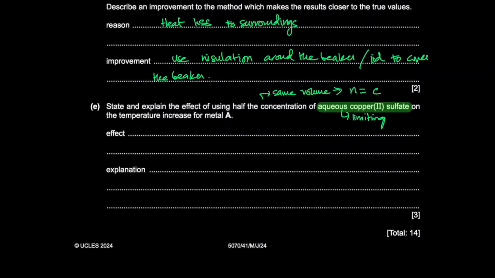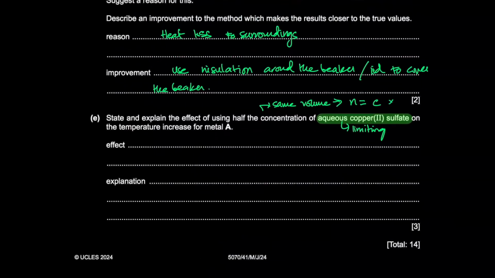The number of moles is equal to concentration times volume. And again, if you're using half the concentration, that means you have half the number of moles. Now, if you have half the number of moles, it means you have half the amount of reaction taking place. So because the limiting reactant is halved, the amounts that are reacting are halved, which means that the temperature rise is halved.